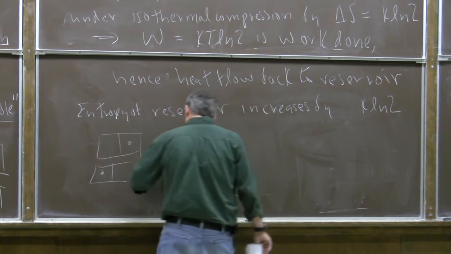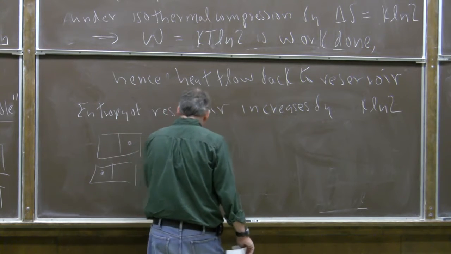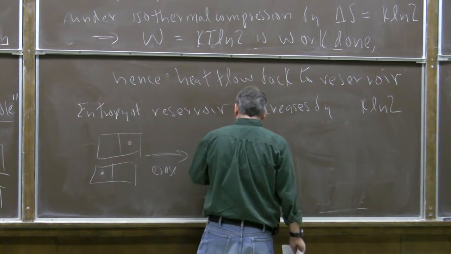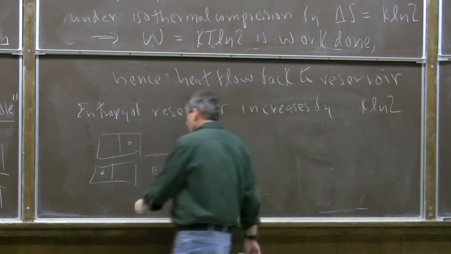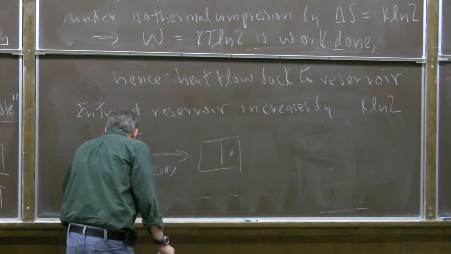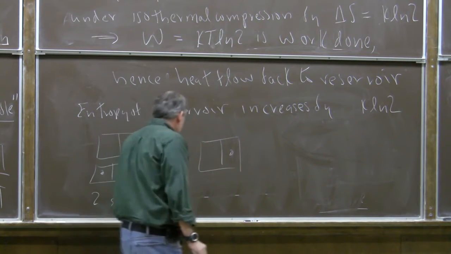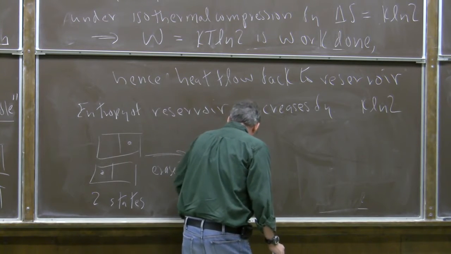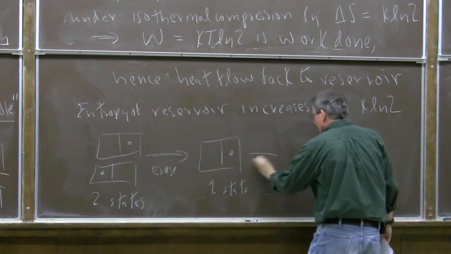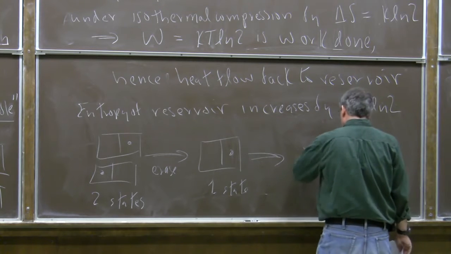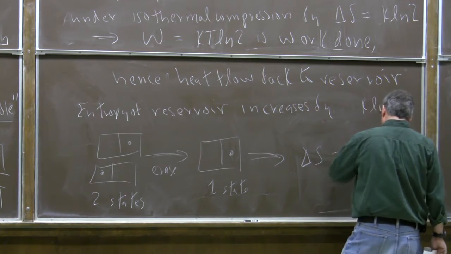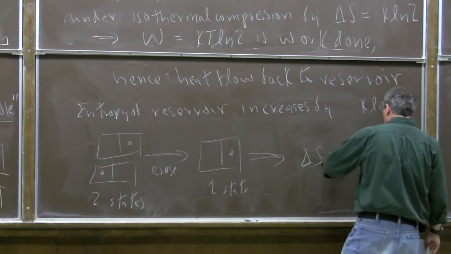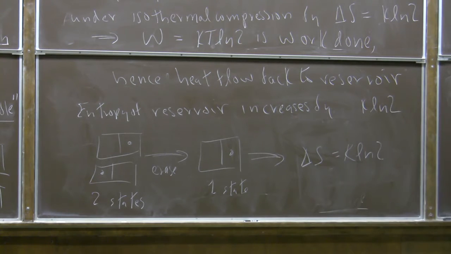When we erase, no matter what, we want it to be here. Here there were two states. Here there's only one. We've lost one bit of information, and so we've reduced the entropy by k log 2, and there's no way we can get around it.